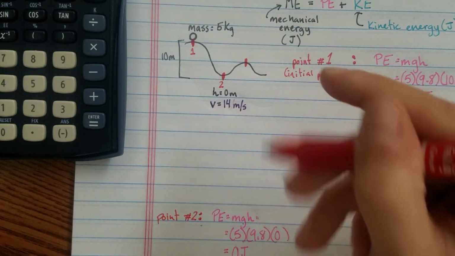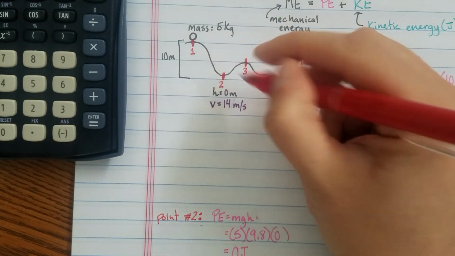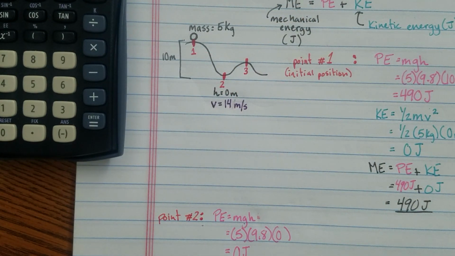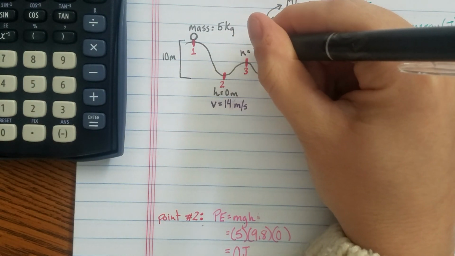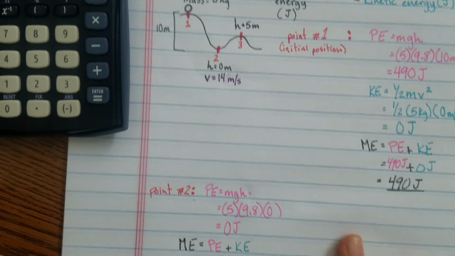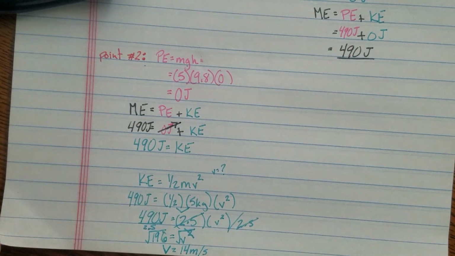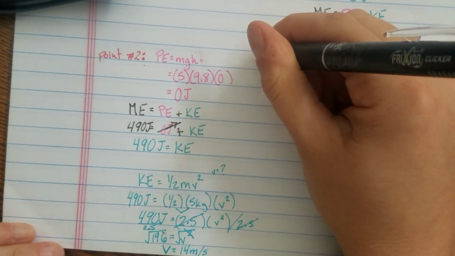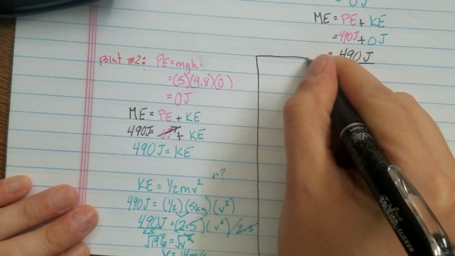All right, what about point 3 here? It's about halfway between 1 and 2, so we'll say the height here at point 3 is 5 meters. So we're going to come down here. I'll draw some lines so that we can keep our work separated.